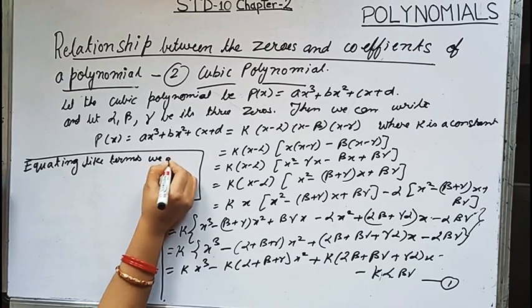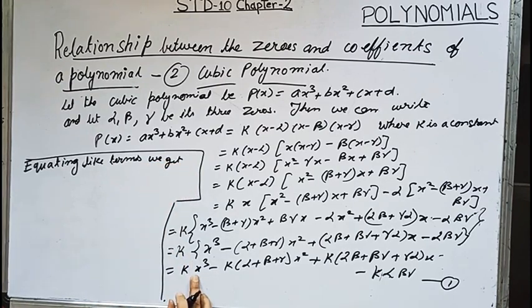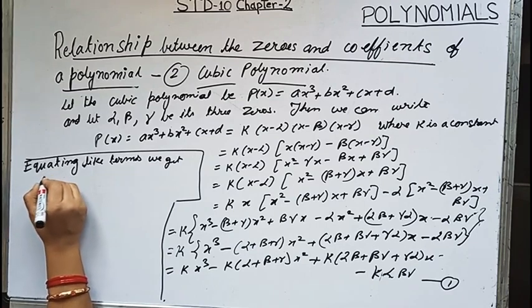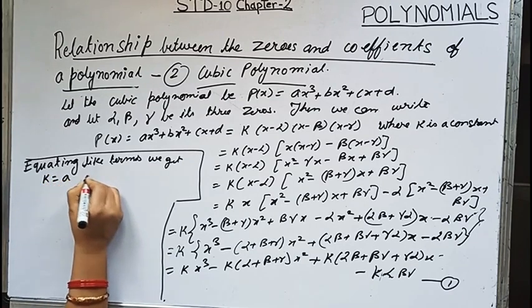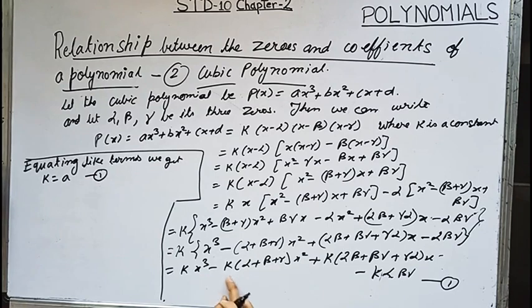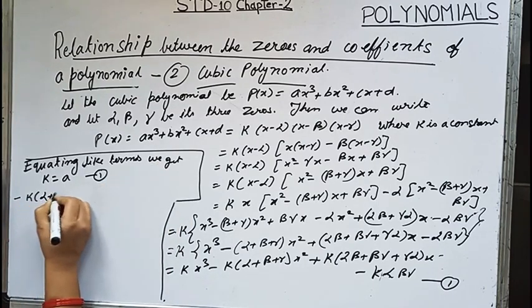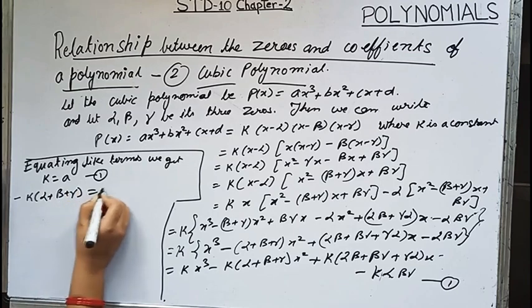we get, see over here the coefficient of x^3 is k and the coefficient of x^3 over here is a, so we can write k = a. The second one, minus k(alpha + beta + gamma) equals b.